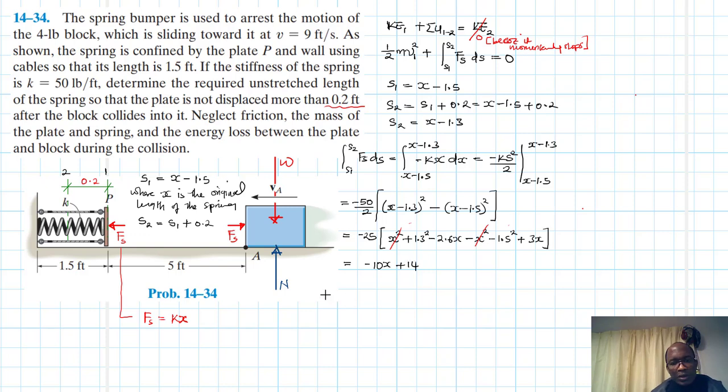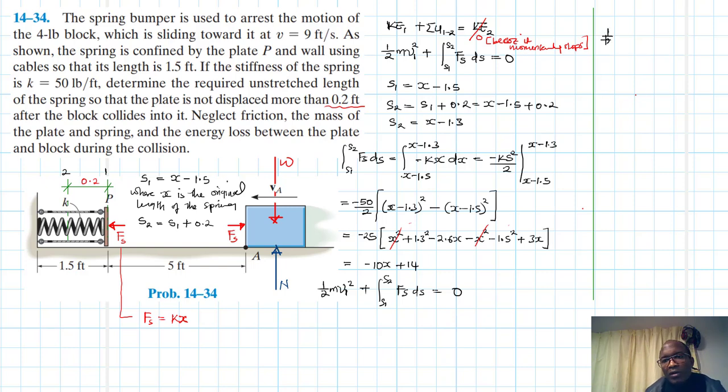So now let's replace this in our equation, which is just half m v1 squared plus our integral that we had written initially, equal to 0. Let's borrow some space on the other side, since we still have space.